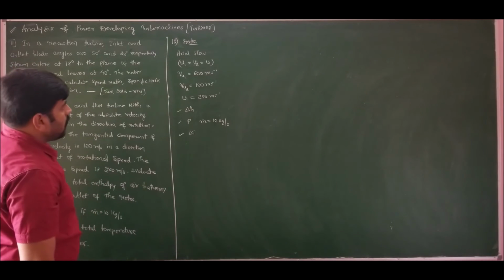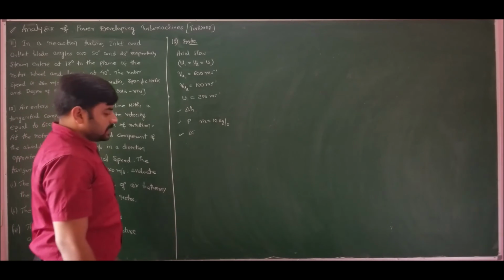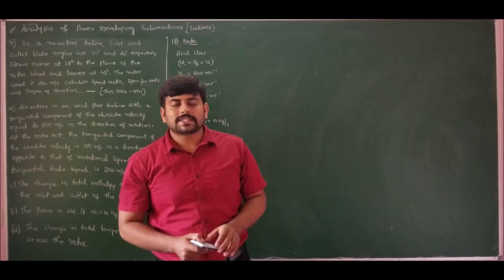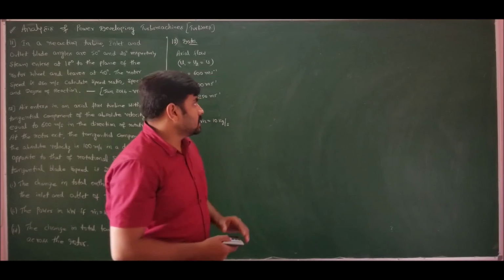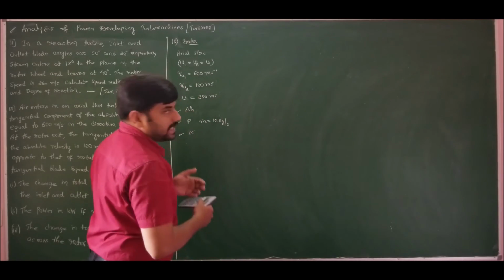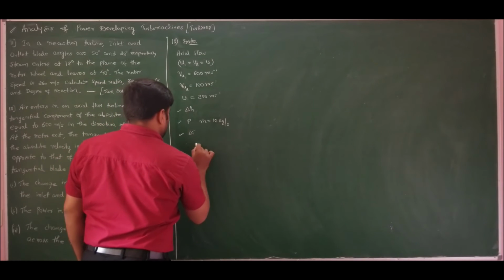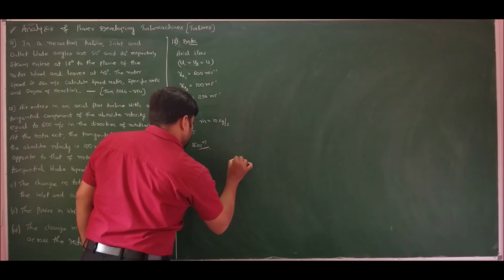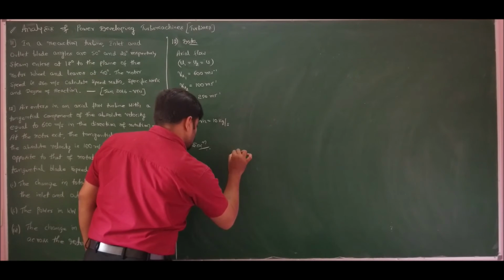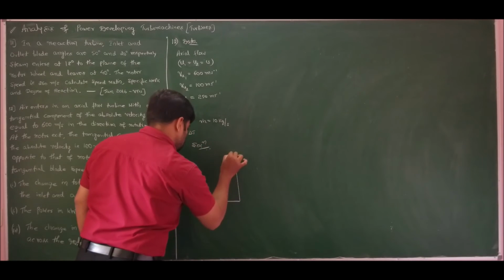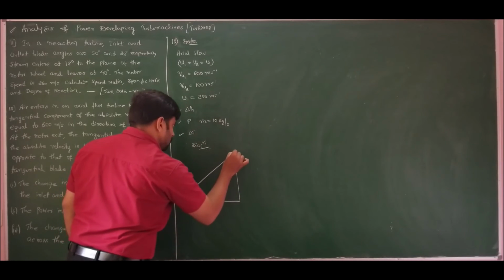Since no alterations are specified, that is fluid enters axially or radially or blades are radial, such constraints are not imposed. So therefore, let me retain the general velocity triangle for this problem. We have inlet velocity triangle for turbines.